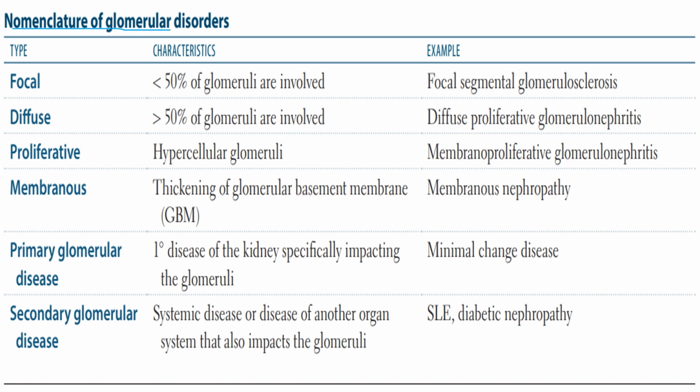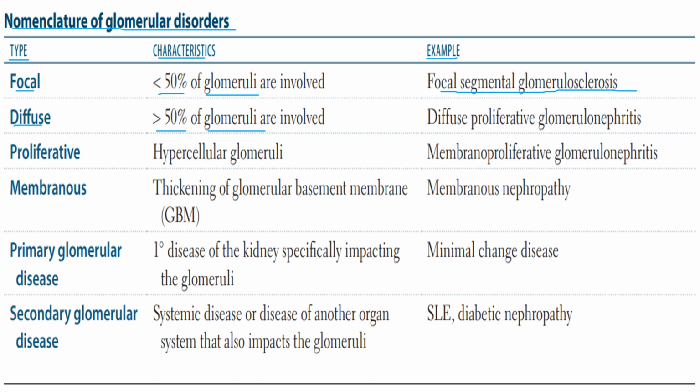Nomenclature of the glomerular disorders. First we'll talk about its type, then its characteristic, after that an example. First is focal. If less than 50% of glomeruli are involved, then it's known as focal, and its example is focal segmental glomerulosclerosis. Diffuse type: if greater than 50% of glomeruli are involved, then it's known as the diffuse type of glomerular disorders.